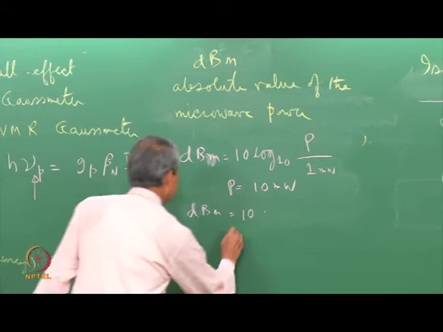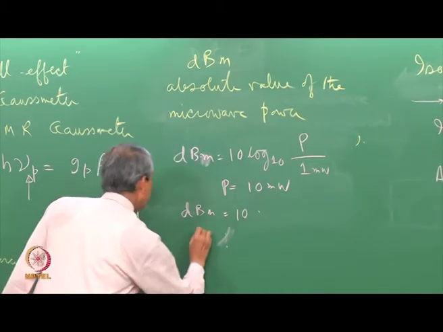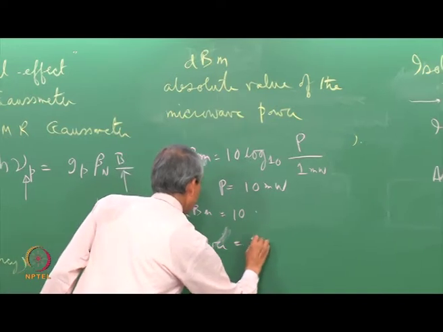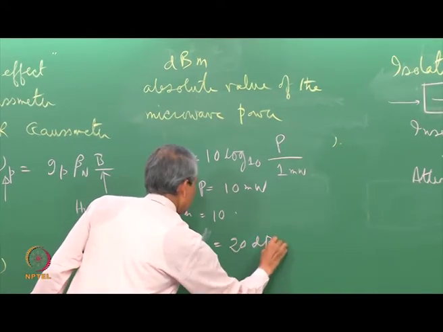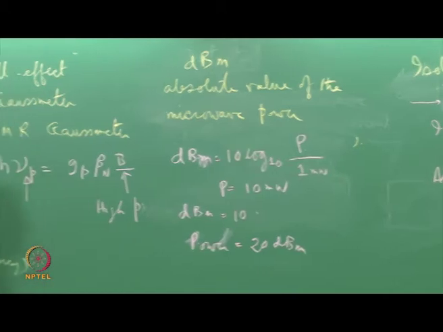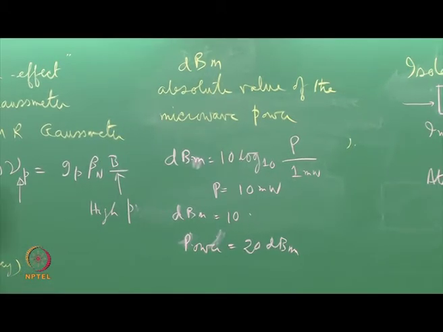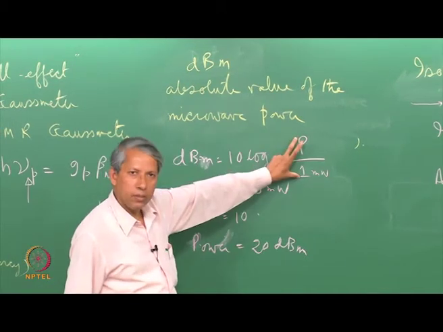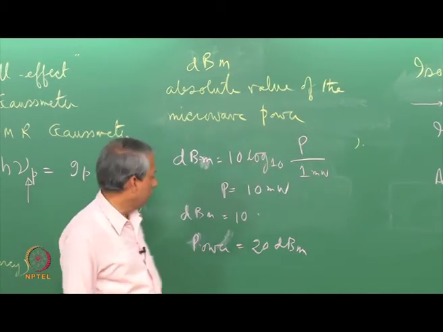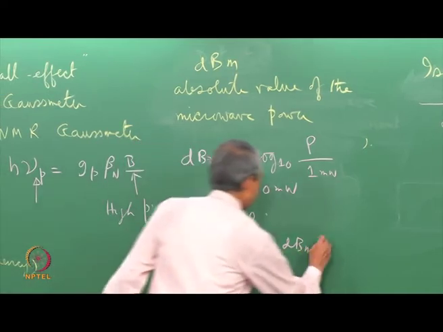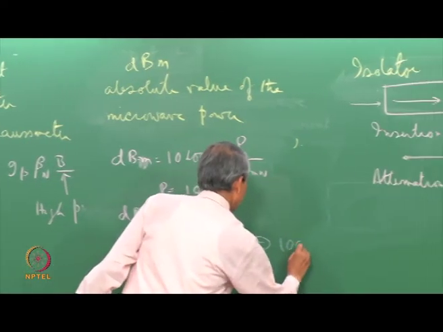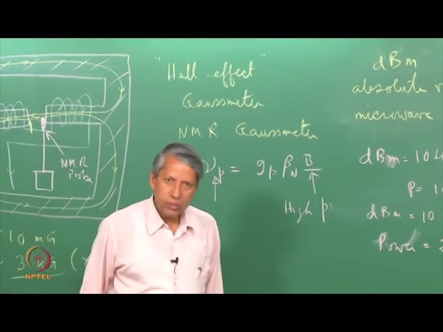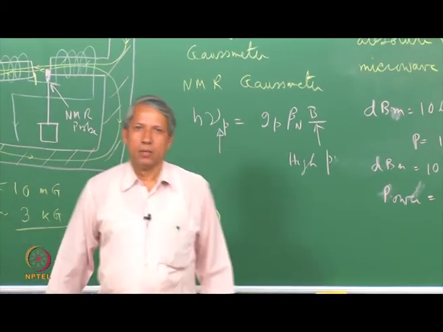Similarly, the other way round, if power is equal to 20 dBm, what will be the actual power? This ratio has to be 100. So, 100 milliwatt of power corresponds to 20 dBm. With this, we end this discussion.